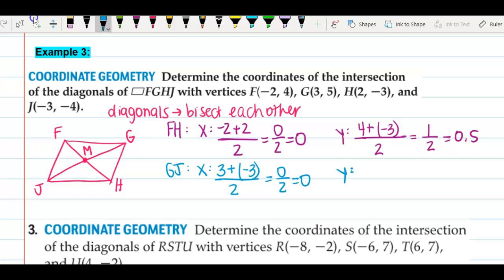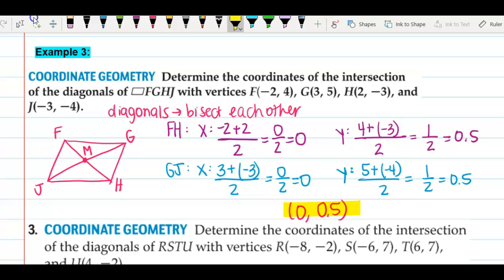And then our y coordinates would be G is 5, J is -4, over 2, so we would still have 1/2 or 0.5. So our final answer would be 0, 0.5 or 0, 1/2.